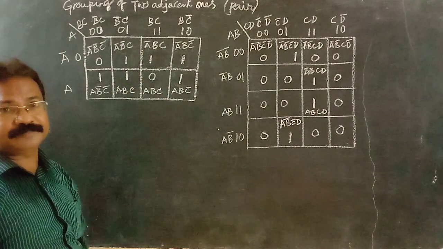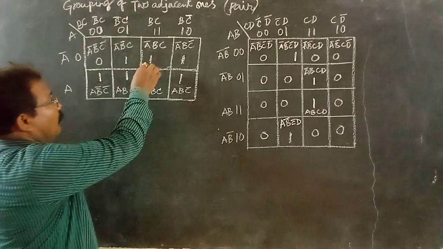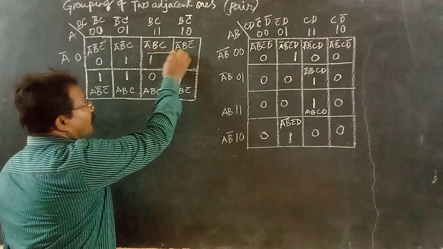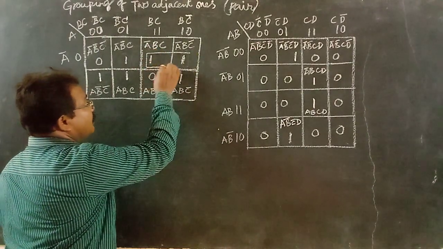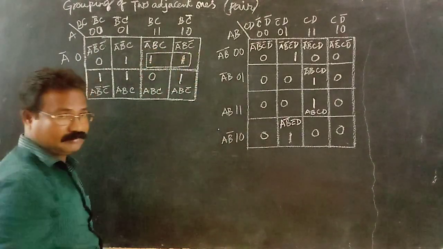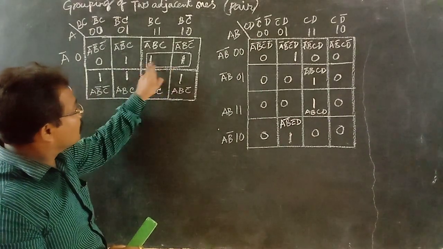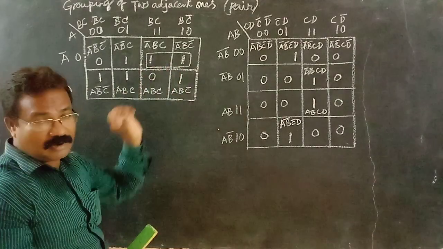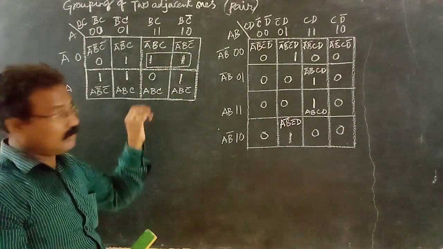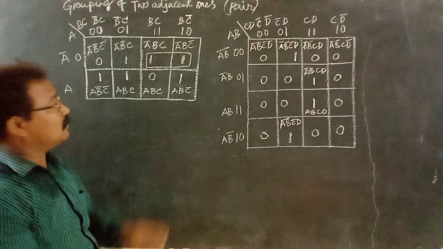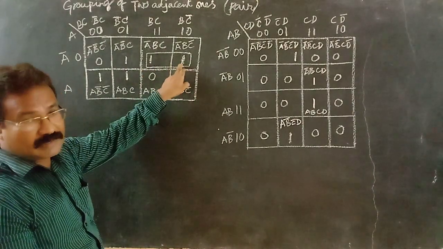In this K-map, it is one pair because the ones are present neighboring to each other. Here it is 1 and the adjacent cell is 1.